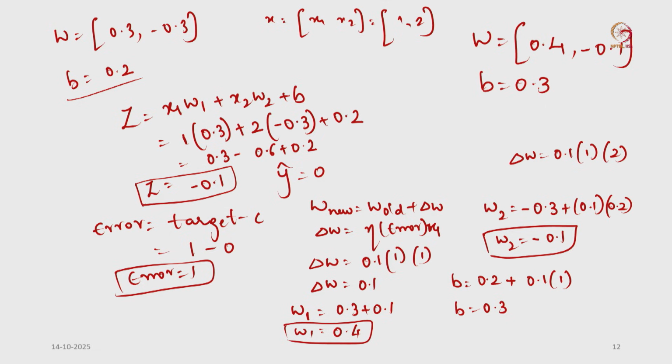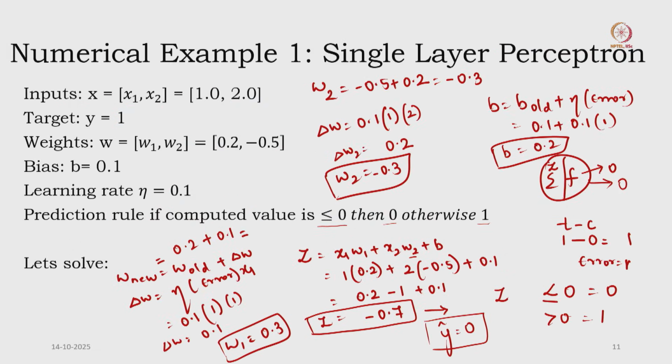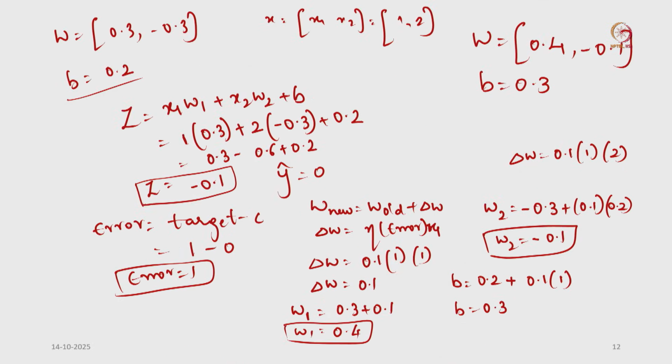Can you see both the values here? The initial values we had considered for W1, W2 were 0.2 and minus 0.5 and the bias was 0.1, and after updating we got W values of 0.3 and minus 0.3 and updated the bias.